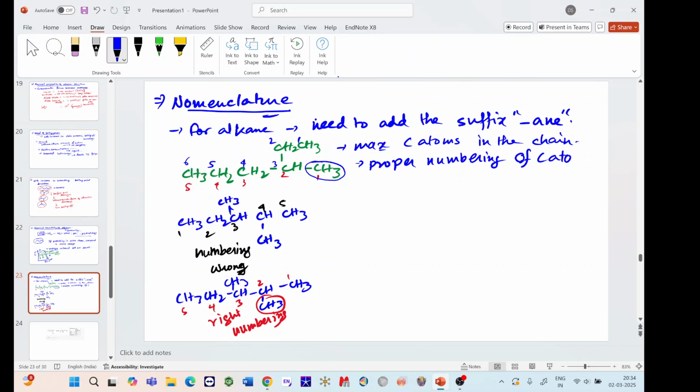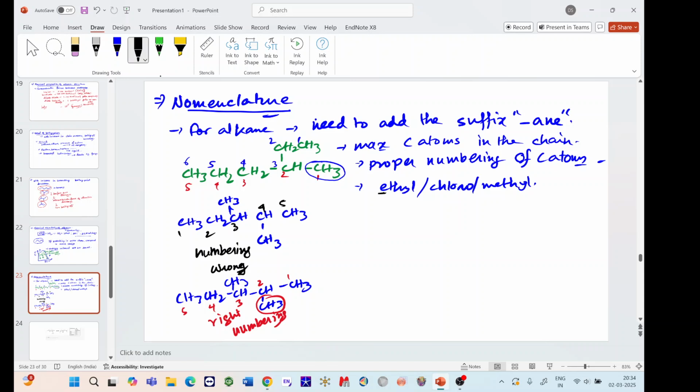of carbon atoms, and then if you have more than two groups, like ethyl or chloro or methyl, this time you need to consider alphabetical order.